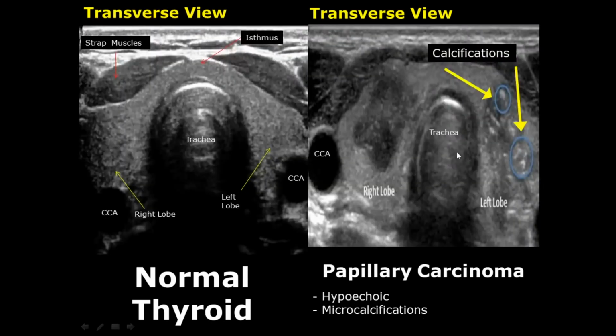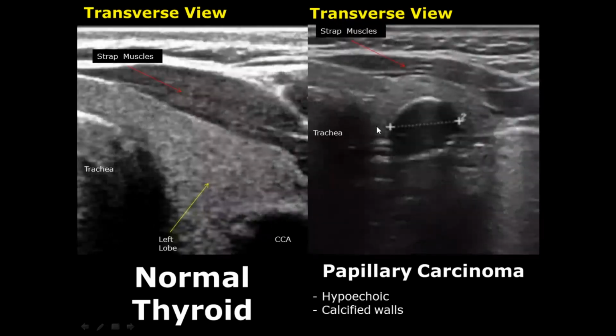Papillary carcinoma is a more common form of malignancy in the thyroid. It usually appears as hypoechoic lesions inside the thyroid, and they may also have large calcifications, but mostly they are hypoechoic lesions.